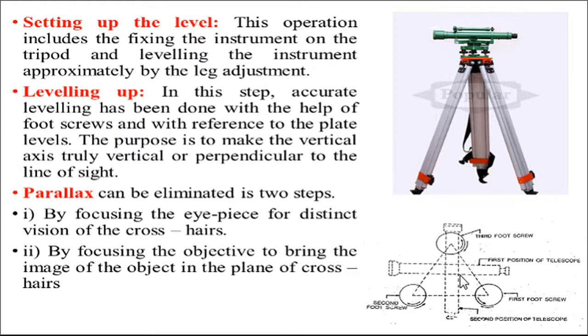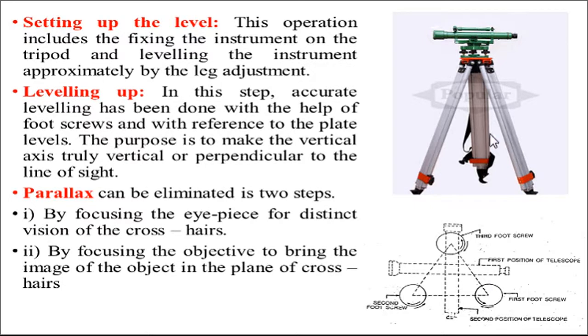As we know, there are 3 foot screws for the level: 1, 2 and 3. In the first position, we keep the telescope parallel to any pair of the foot screws, and then we turn these foot screws inward or outward till the bubble comes to the center.